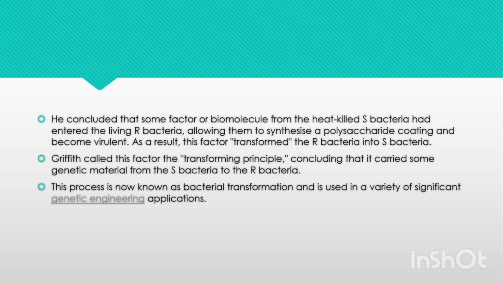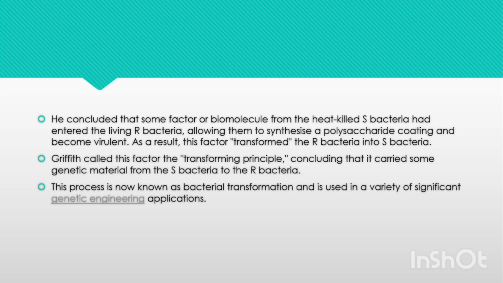When heated, the killed strain was no longer coated, but when it enters the R bacteria, it synthesizes a polysaccharide coating and becomes virulent. The R bacteria was originally a non-virulent strain, but when the heat-killed strain entered it, it synthesized the polysaccharide coating and became virulent. As a result, it causes disease and death in mice, and this factor transformed the R bacteria into the S bacteria.